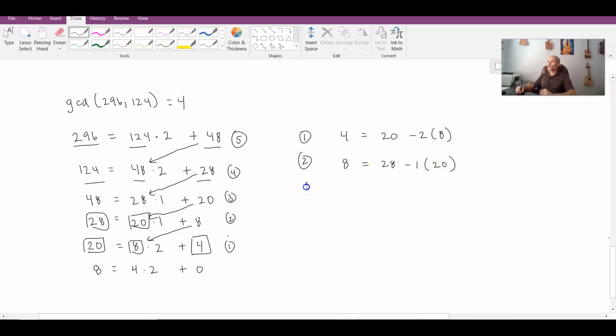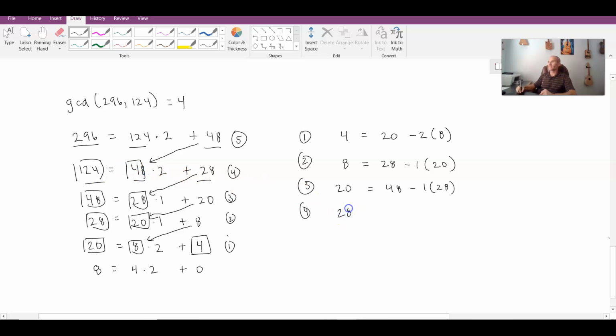And the third equation allows me to write 20 is equal to 48 minus 1 copy of 28. So again, what I'm really doing here is just keeping track of the 48 and the 28. In equation 4, we're going to keep track of the 124 and the 48.